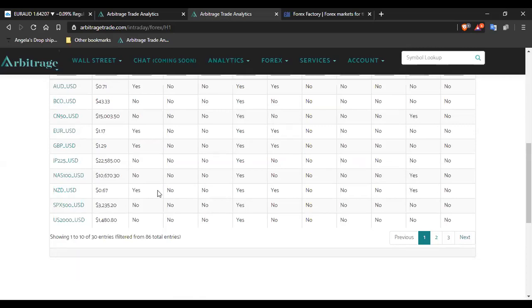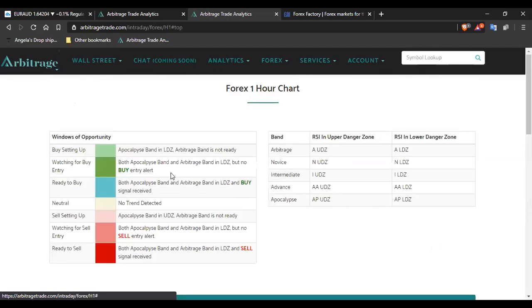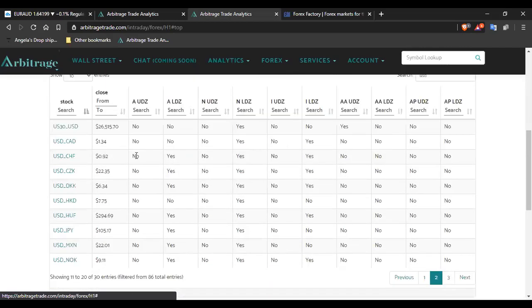NU 1 hour. There's probably a very small reason why it popped up here and didn't pop up on the 5-minute, but I'll go ahead and show that on the chart. USDCHF is also confirmed. USDJPY is confirmed as well.